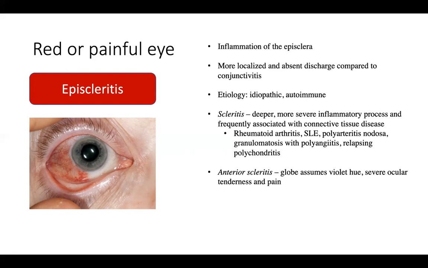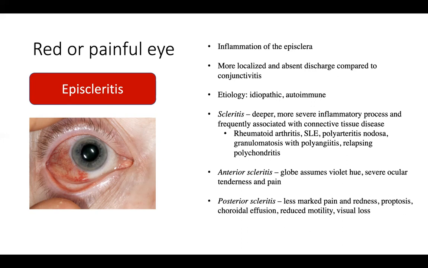In anterior scleritis, the globe assumes a violet hue and the patient complains of severe ocular tenderness and pain. With posterior scleritis, the pain and redness may be less marked, but there is often proptosis, choroidal effusion, reduced motility, and visual loss.